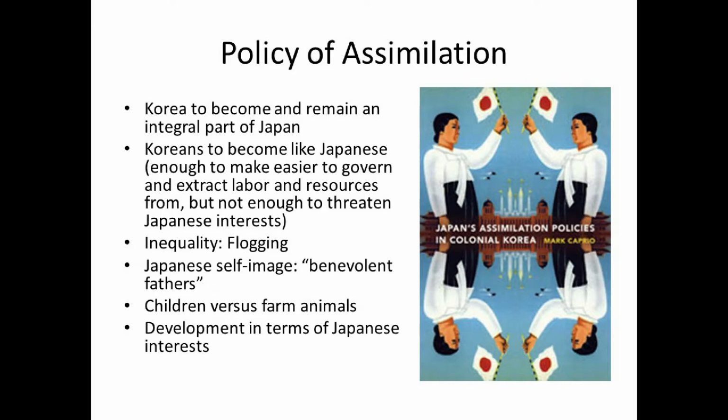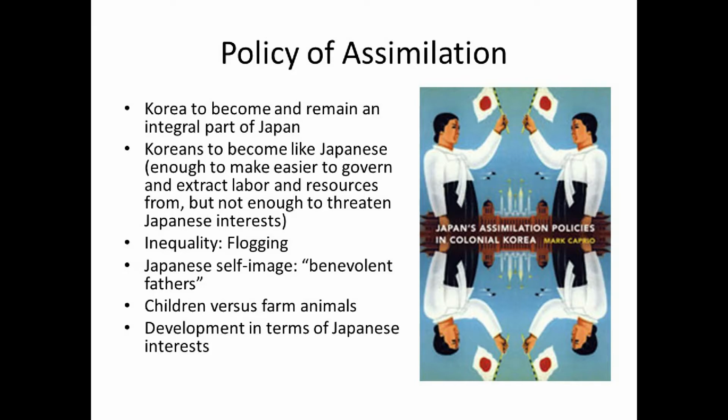But Koreans are never, ever, it would seem, good enough from the Japanese perspective to be given equal treatment to Japanese, right? Even though the Koreans are told to be like Japanese and increasingly to do the duties as if they were Japanese, they're never allowed to become Japanese enough to threaten Japanese interests, right?